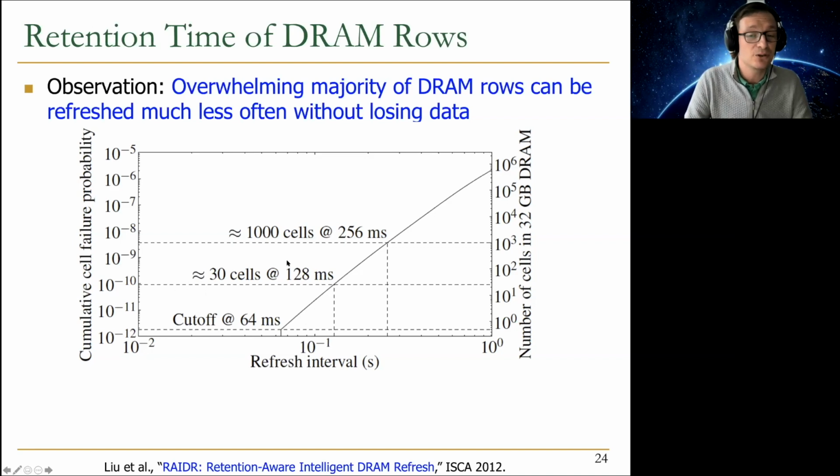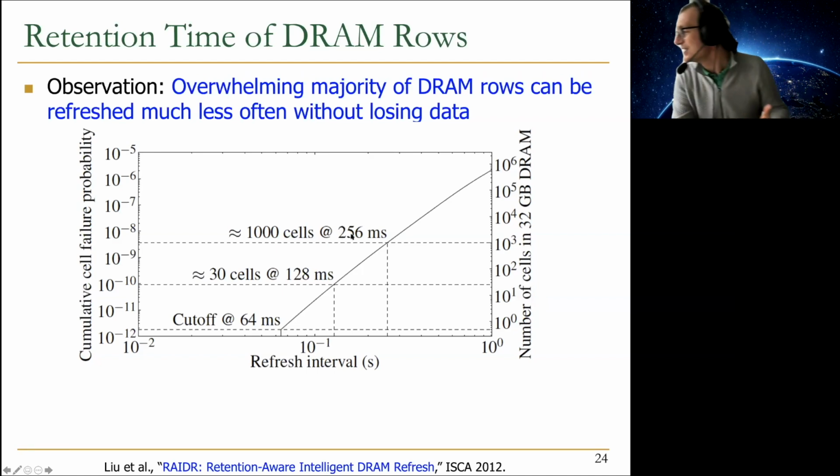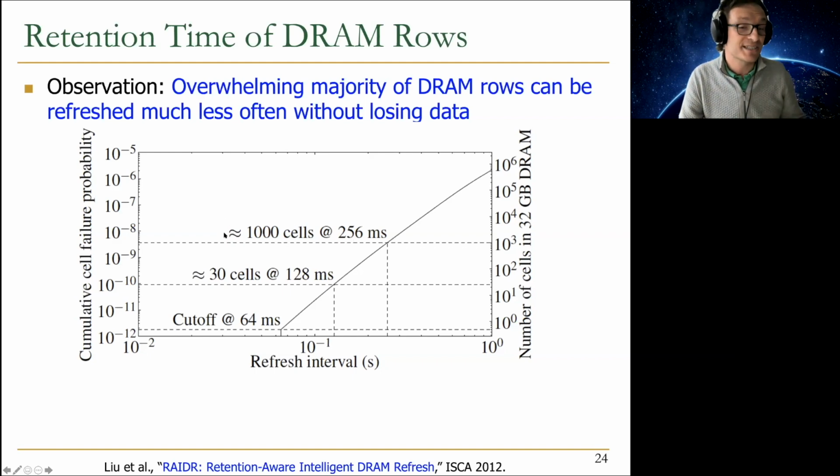So if you actually refresh every 128 milliseconds, basically getting rid of half of your refreshes, only 30 cells will have errors. If you halve your refresh rate a little bit more, refresh every 256 milliseconds, then only 1,000 cells fail. So it's not that many cells basically.